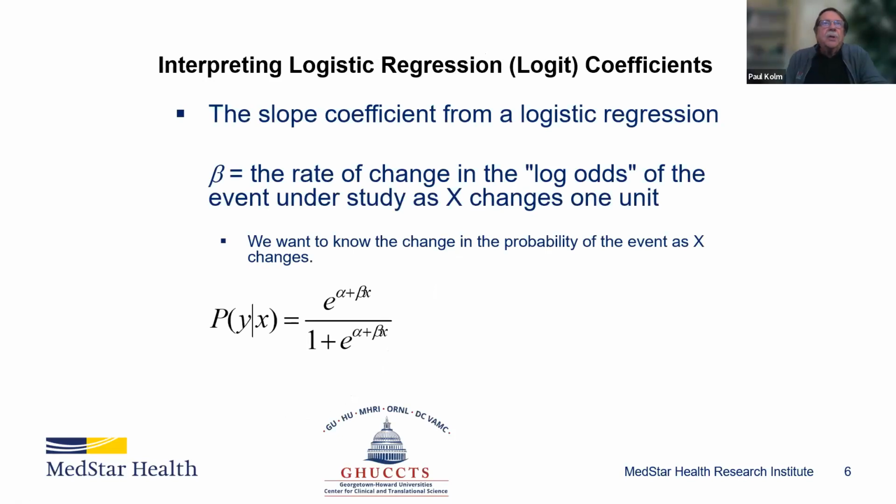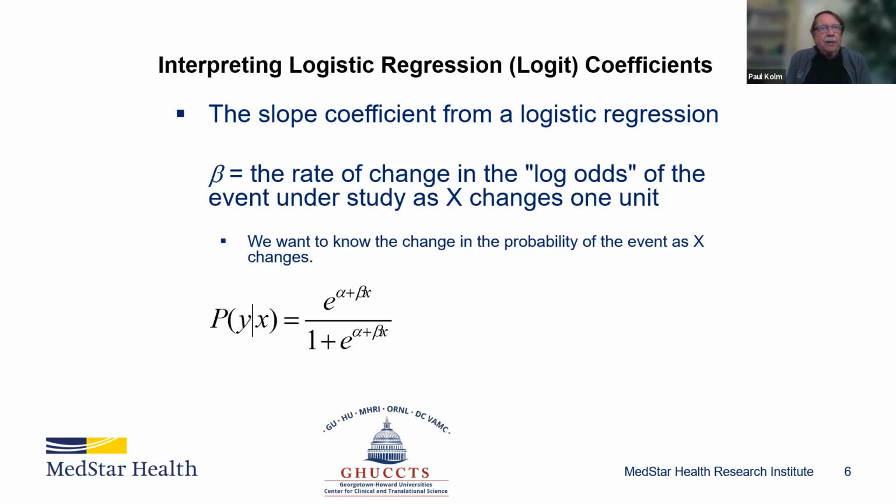So as I mentioned, the slope coefficient from the logistic regression is the rate of change in the log odds of the event as the independent variable changes 1 unit. And given the regression equation, we can calculate the probability of the event as a function of the independent variable.